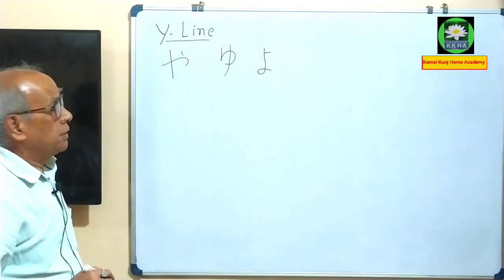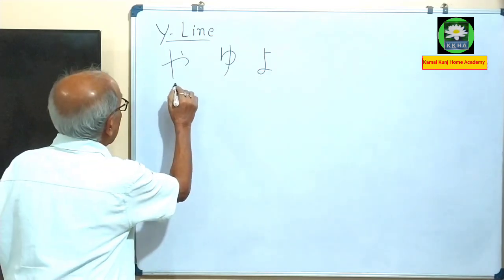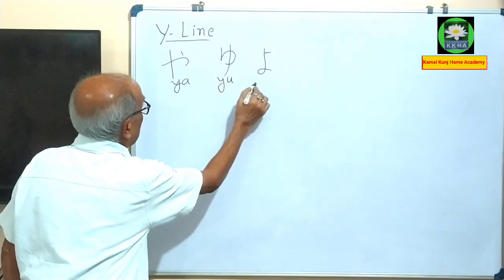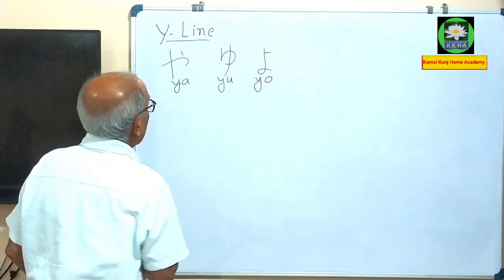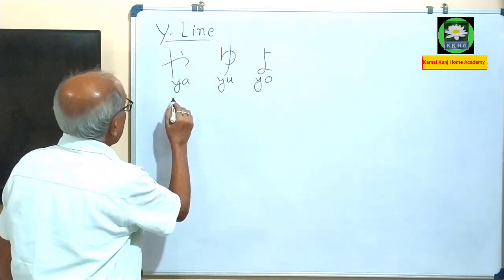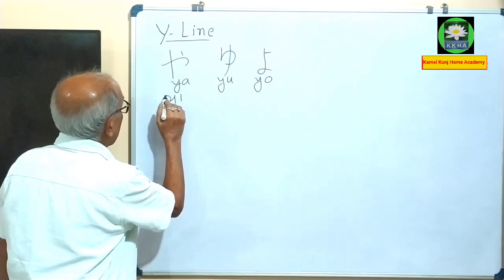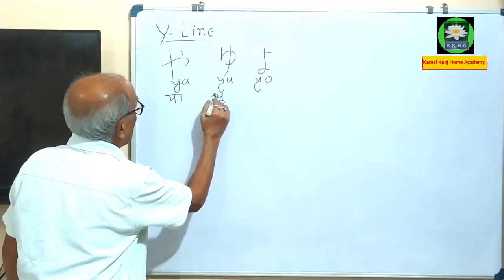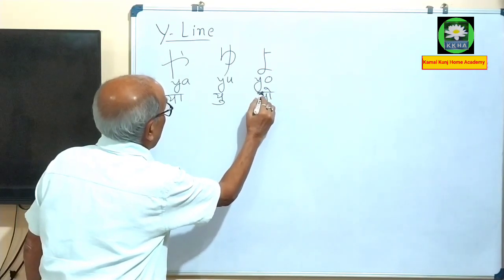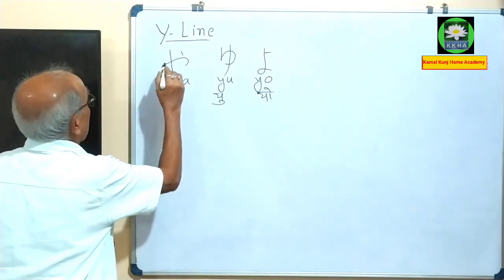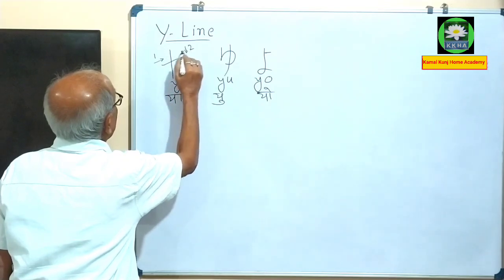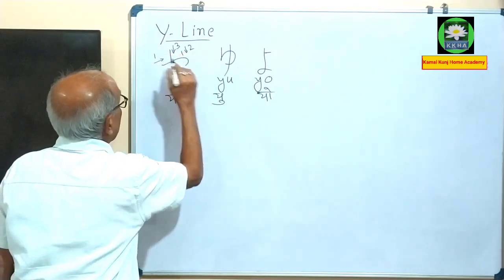These are Y-line Hiragana, pronounced as Ya, Yu, Yo. In Hindi, it is written as Ya, Yu, and Yo. The stroke order is stroke number 1, stroke number 2, stroke number 3.